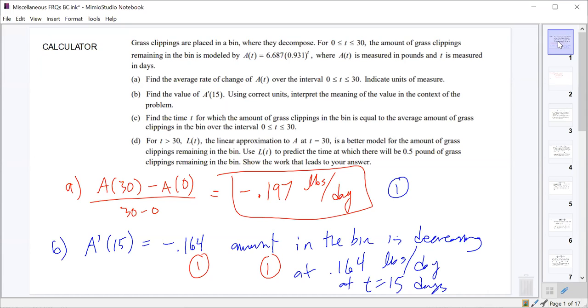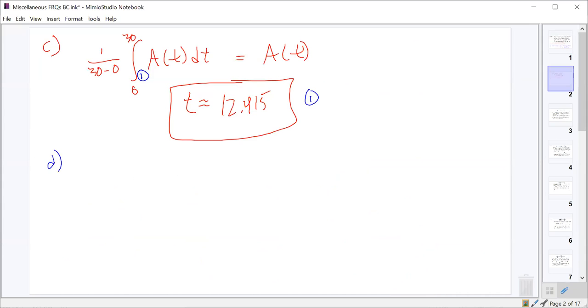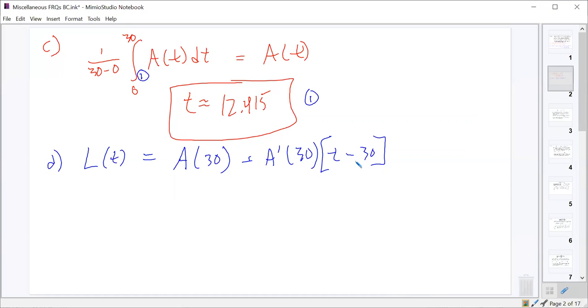The linear approximation, or linearization, for A, we'll call it L of t, should always be equal to the function evaluated at the center of approximation, plus the derivative at the center of approximation, times our t value minus the center of approximation.